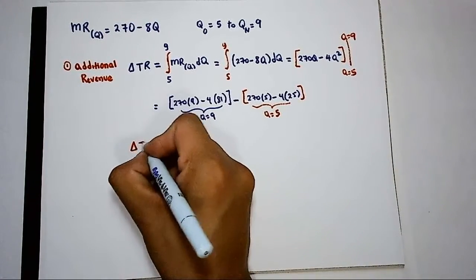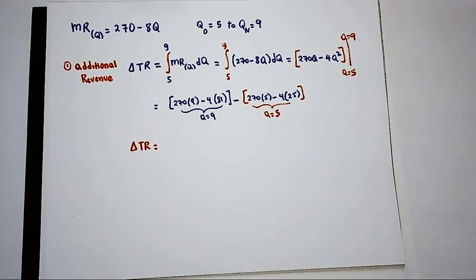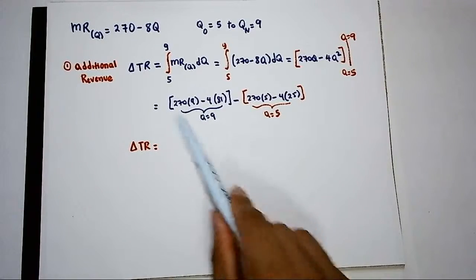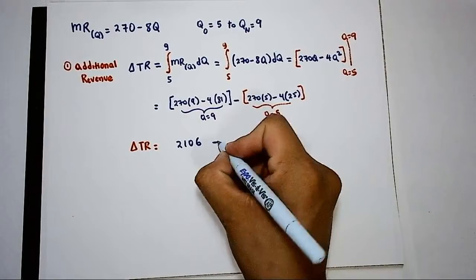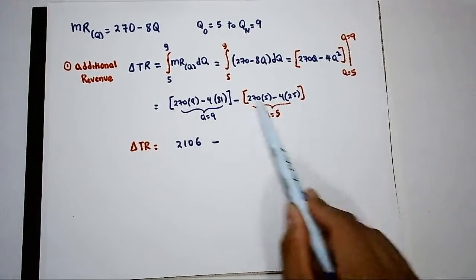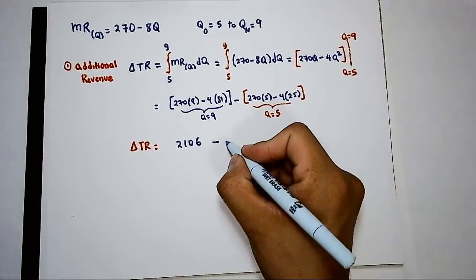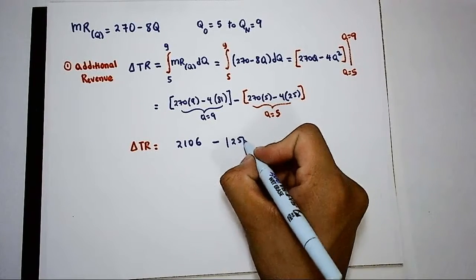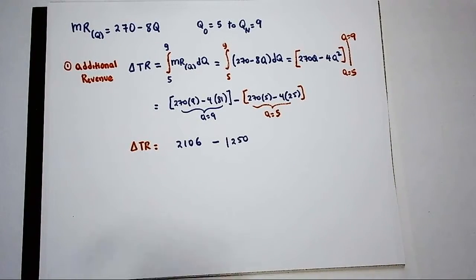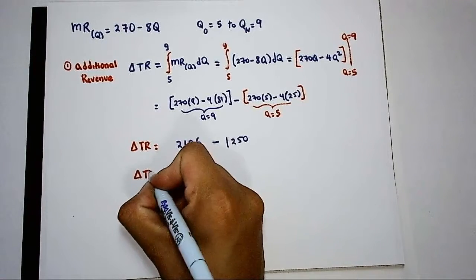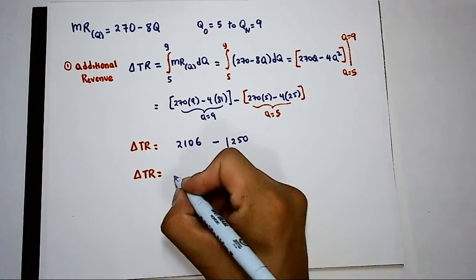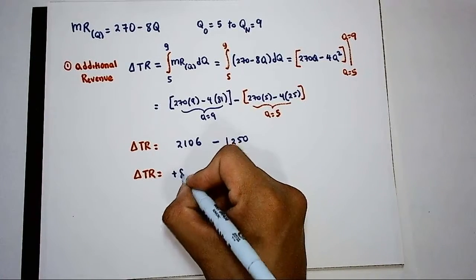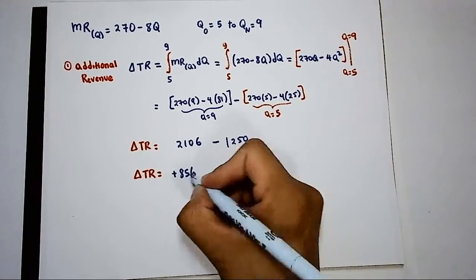In other words, the change in total revenue is equal to, from here we get 2,106 minus, and from this we get 1,250, which means that we increase our revenue by 856.